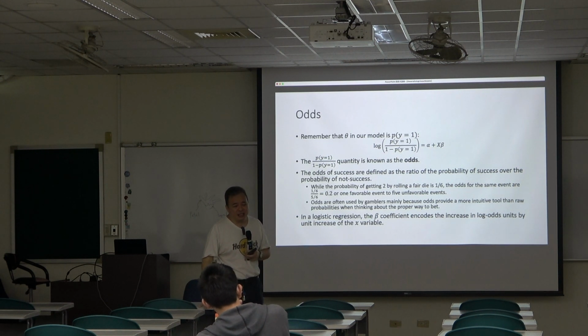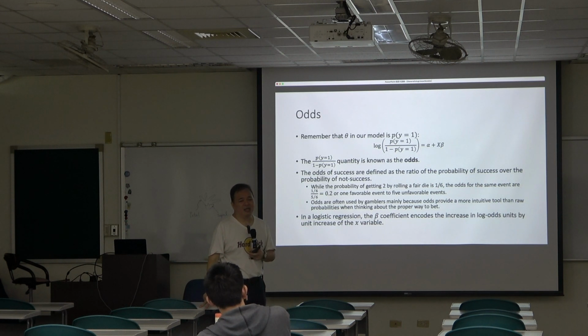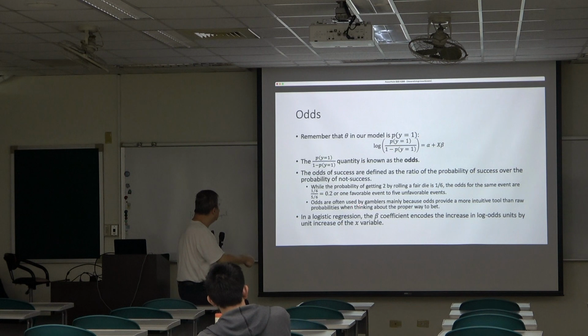But anyway, in mathematics, where does this concept get used? It gets used the most in gambling situations. For example, the odds of success are defined as the ratio of the probability of success over the probability of not success. So for example, the probability of getting 2 by rolling a fair die is 1 over 6, and the probability of not getting 2 is 5 over 6.